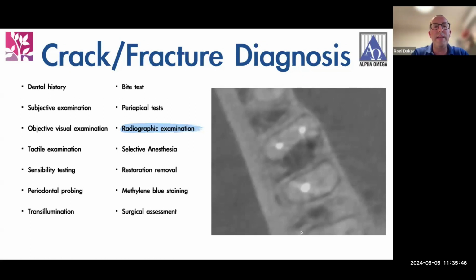and many times this can confuse us into thinking that this black line on the distal root of the tooth is a fracture, when we see that it's a beam hardening. The fracture, if it exists, is probably on the mesial root of the tooth, because I see the radiolucency which is more adjacent to the mesial root.